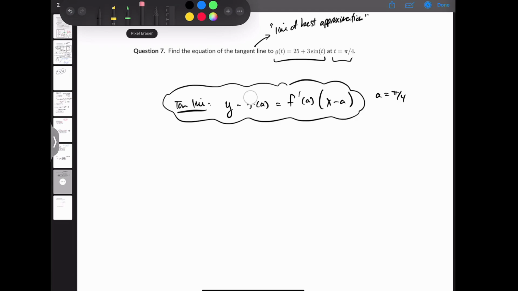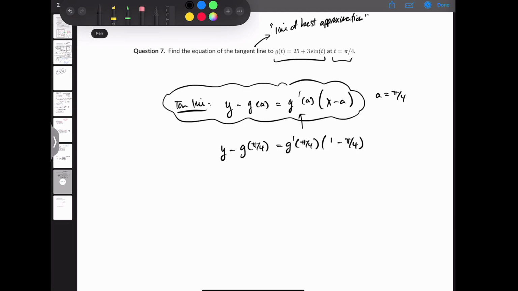So maybe we don't need to be so tied to our initial notation. We can adapt it for here. So y minus g of a equals g prime of a, slope of the tangent line, times x minus a. So we can even be more specific. Y minus g of pi over 4 equals g prime of pi over 4 times x minus pi over 4.